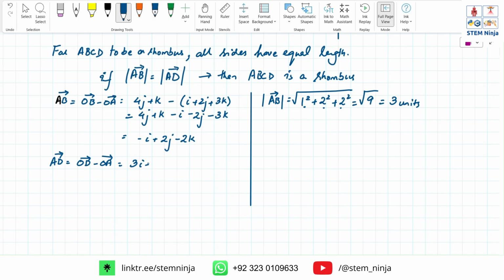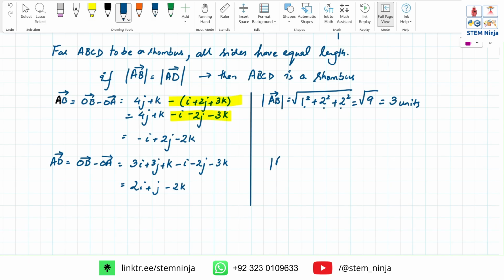So 3i, 3j plus k minus, we already know what happens with the minus OA part. So all these components, the signs will be reversed. So we will end up with 2i plus j and minus 2k.